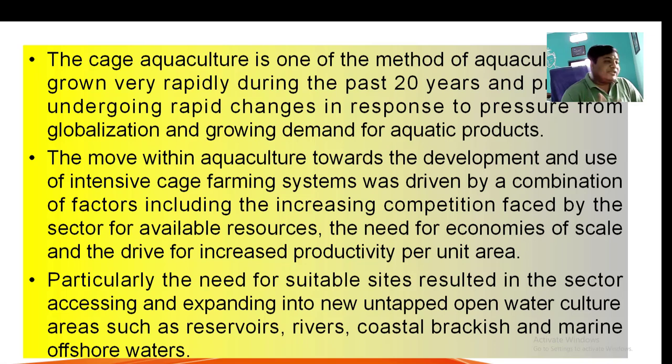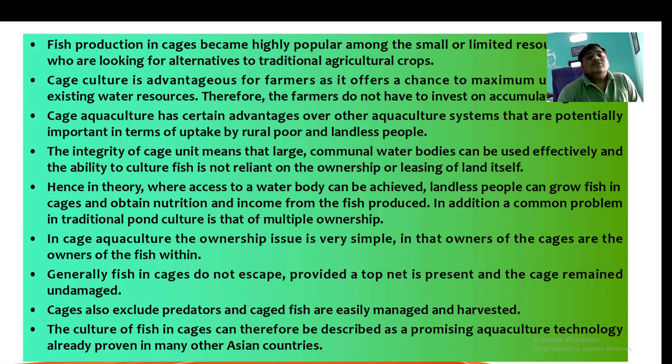Particularly the need for suitable sites resulted in the sector expanding into new untapped open water culture areas such as reservoirs, rivers, coastal, brackish and marine offshore waters. Fish production in cages became highly popular among small or limited resource farmers who are looking for alternatives to traditional agricultural crops.